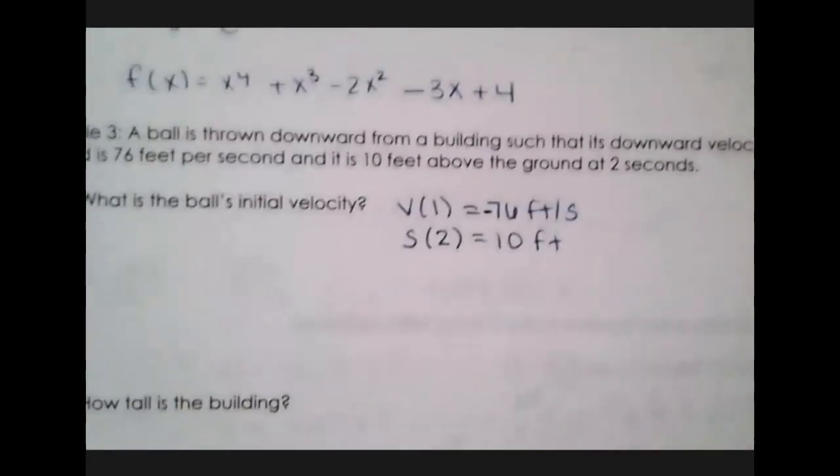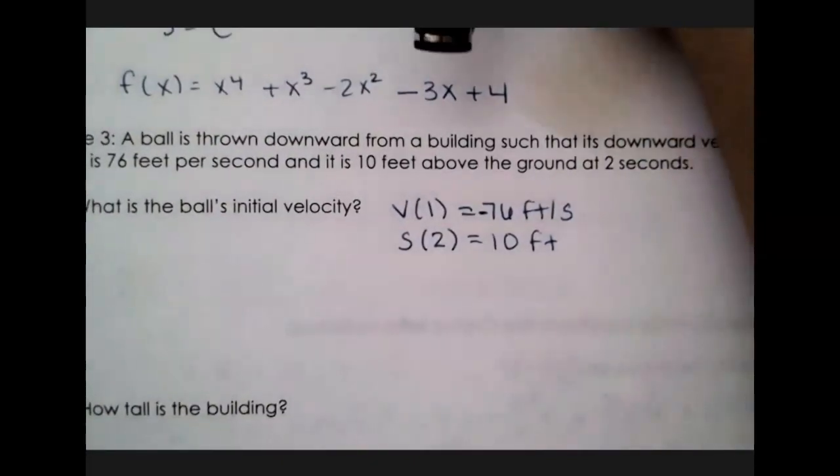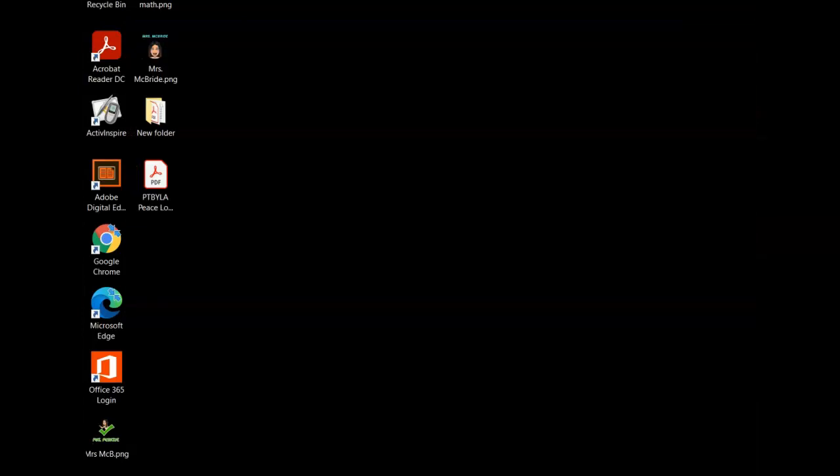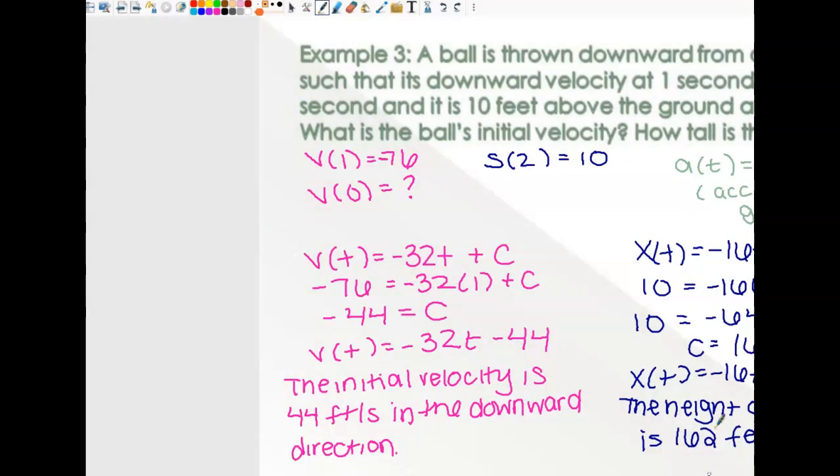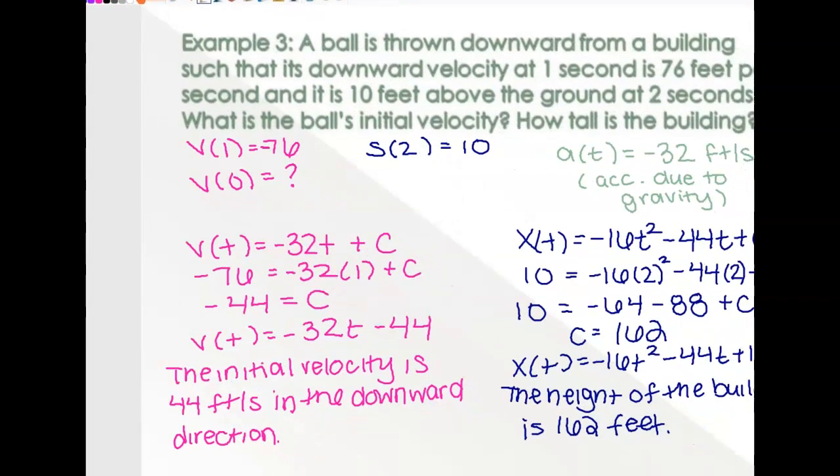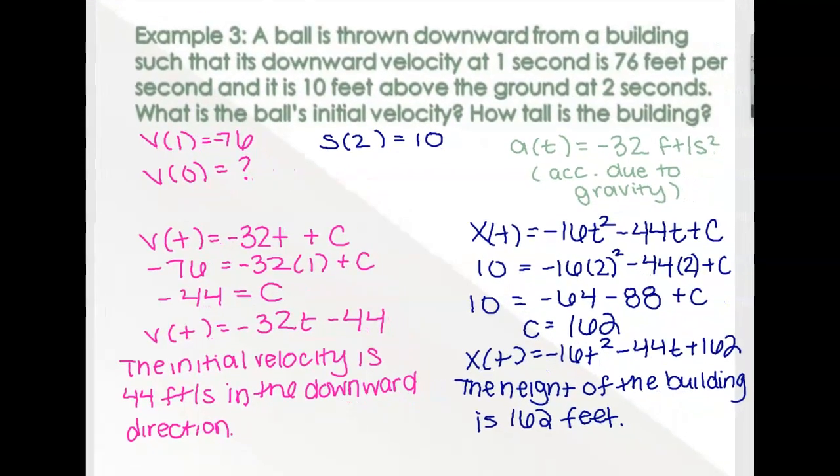So what that means is that in terms of this problem, the acceleration due to gravity is always negative 32 feet per second squared. And that's what we call acceleration due to gravity.